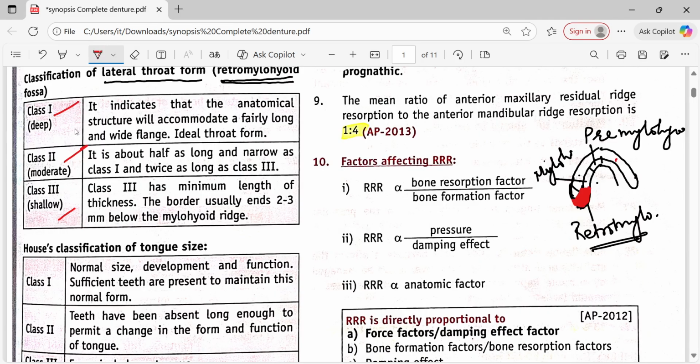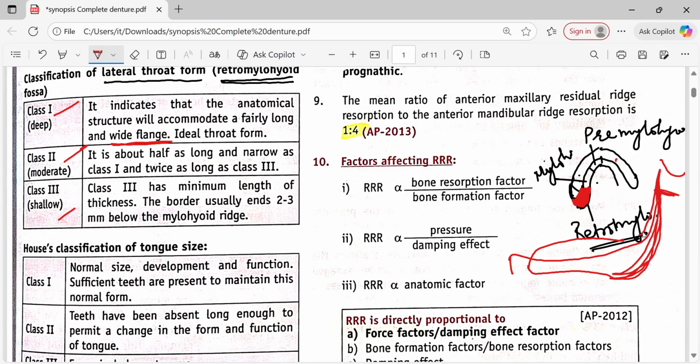How do we measure it? Class 1 indicates the anatomical structure will accommodate a fairly long and wide flange. If you see from the lateral view, suppose laterally this is your mandibular ridge, and you have this coronoid process. This is your tongue. Now the tongue has this part, the palatoglossus muscle. Palato means palate, glossus means tongue.